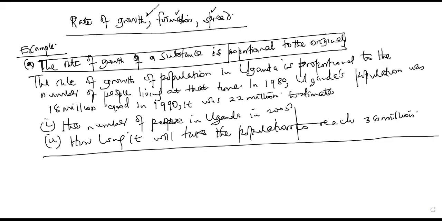Even though there are wars, still people keep producing. So what does it mean? When we say rate of growth, formation, or spread, the rate at which it occurs is positive. So when they say the rate of growth of population in Uganda is proportional to the number of people living at that time, you can engage in a common example, or a real life example.